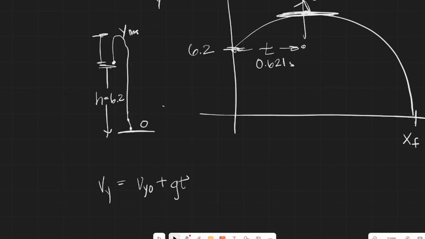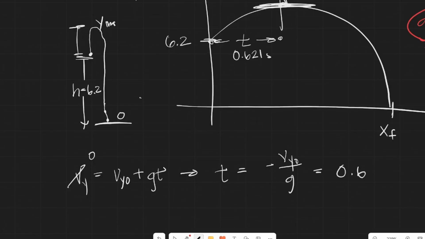We need it when Vy is 0. Solving for time, we get negative Vy naught over g, which is actually what we just did.